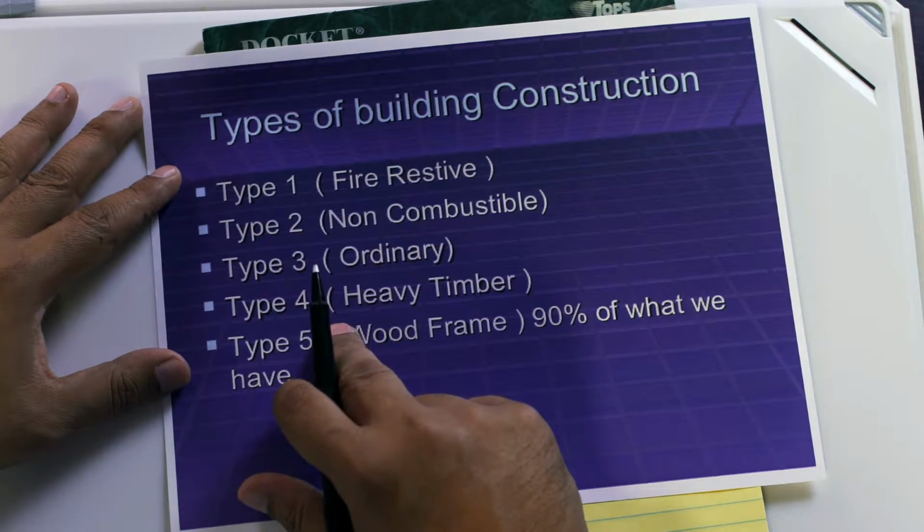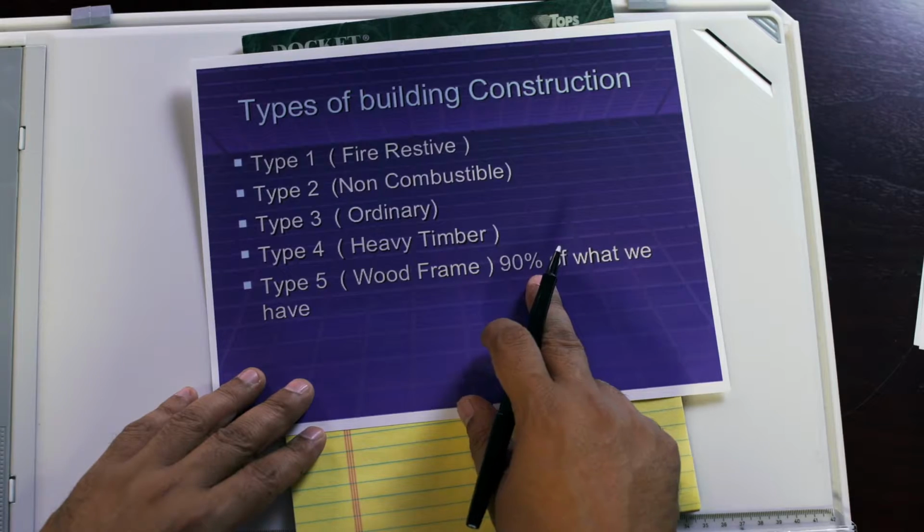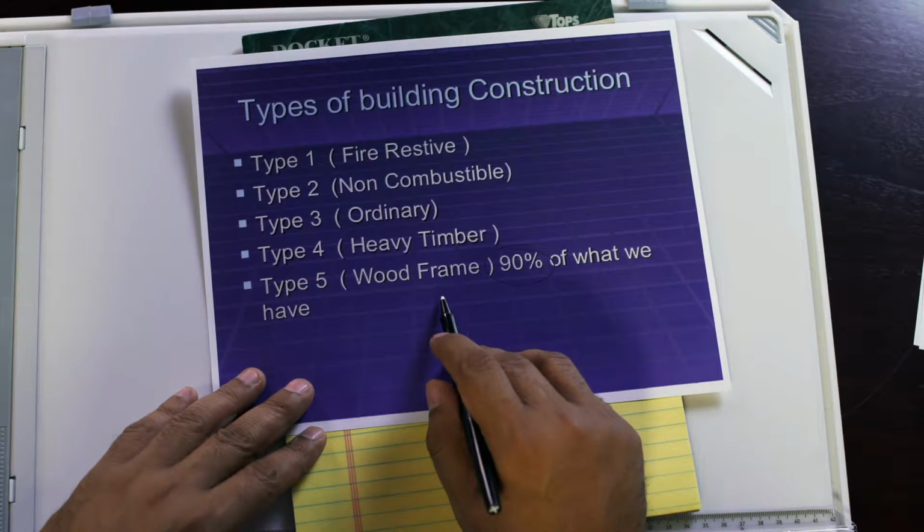Type 4 is heavy timber, which are made of wood, but with very heavy sections. Type 5 wood, which is 90% of what we have, is split into 2 categories. There's Type 5A and Type 5B. Type 5A has a 1-hour fire resistant envelope, and Type 5B does not have a 1-hour fire resistive envelope.